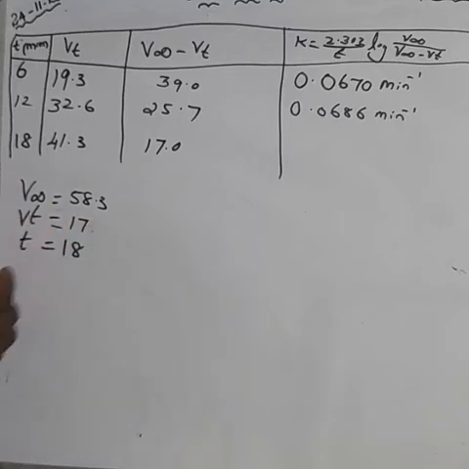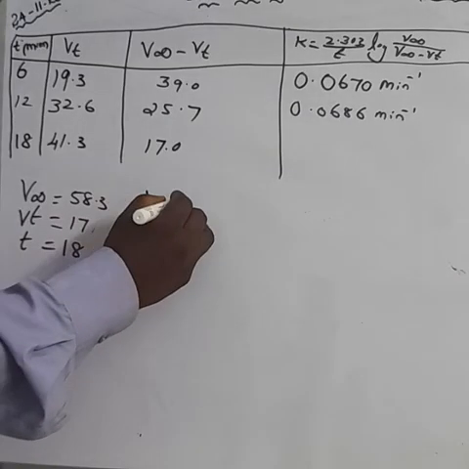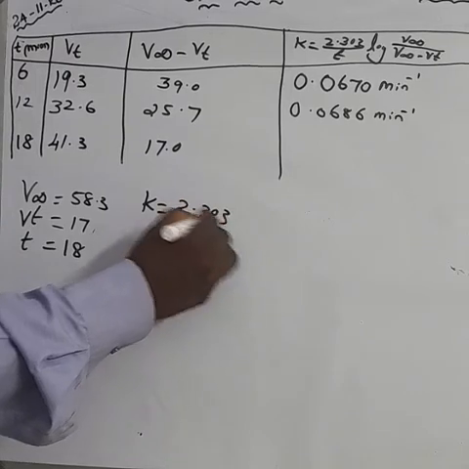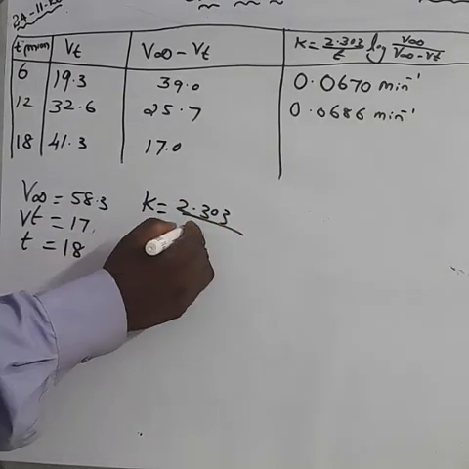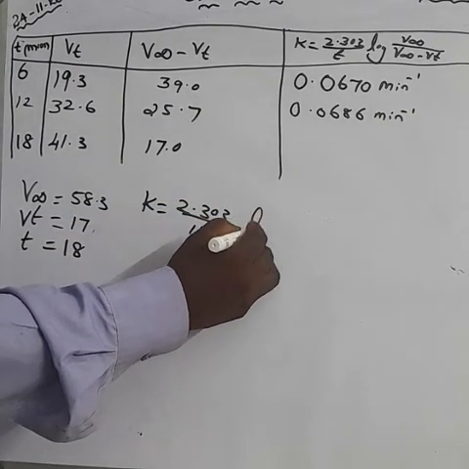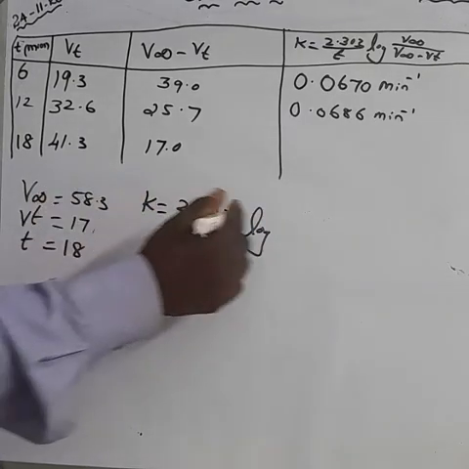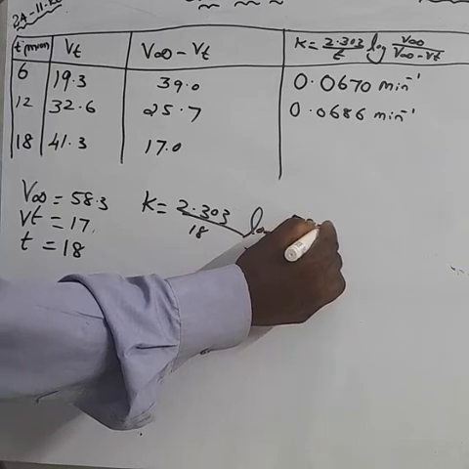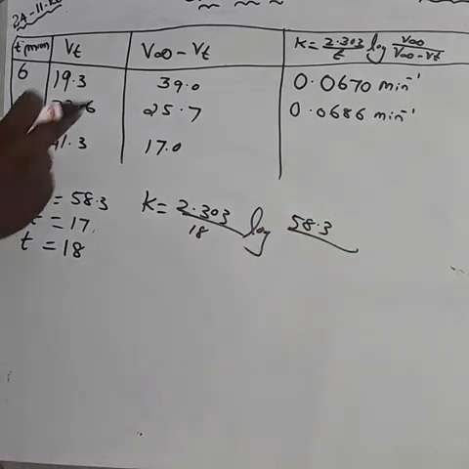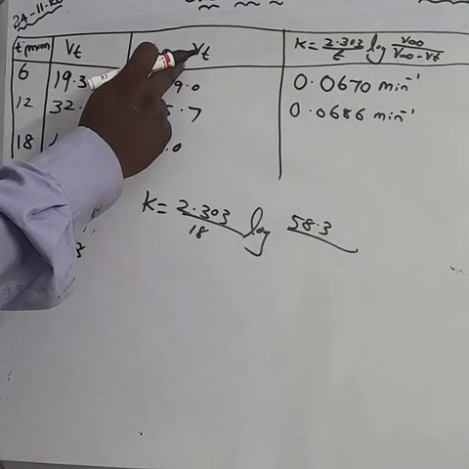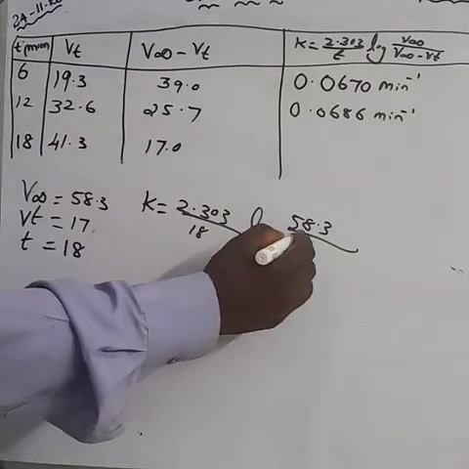Then what is the formula? K is equal to 2.303 by t, where t is 18, into log of V infinity, 58.3, divided by V infinity minus Vt, which is 17.